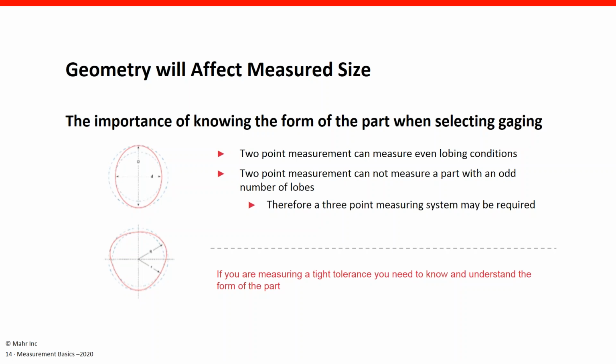So often when a new part is being manufactured for the first time, it's very critical to take a form measurement of that part to understand what's going on, and that will help us ensure that we have the right gauge for that application.